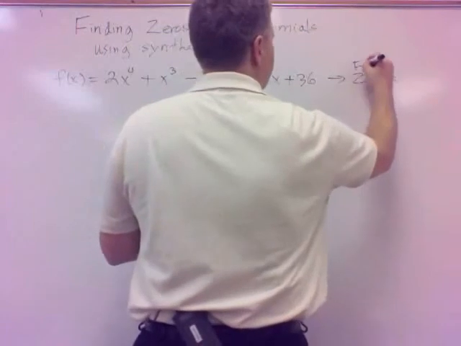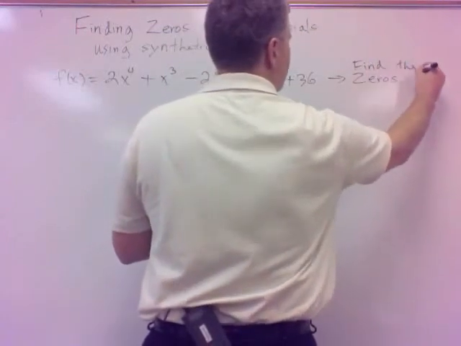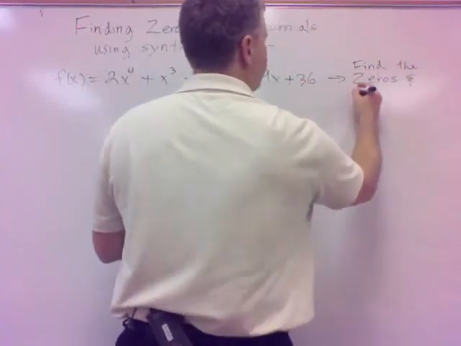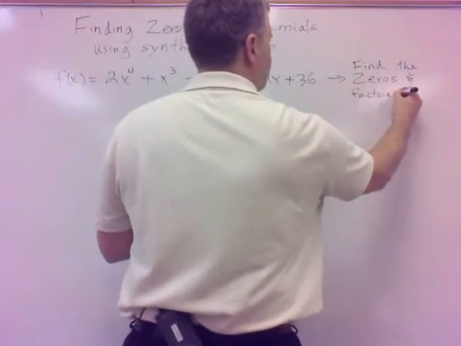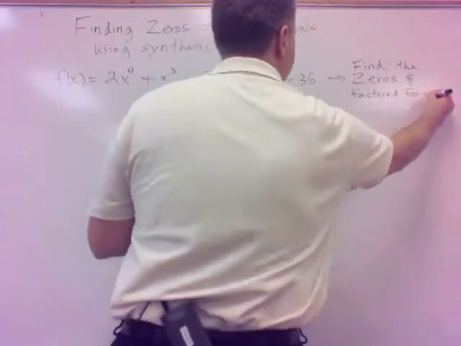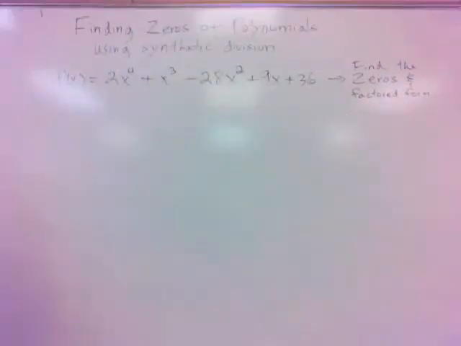So let's find the zeros and factored form all together here. Well, we know how many zeros there are. 4 zeros. This is 4th degree. So I've got to look for 4 here. And so that's going to add a little something to this as well.